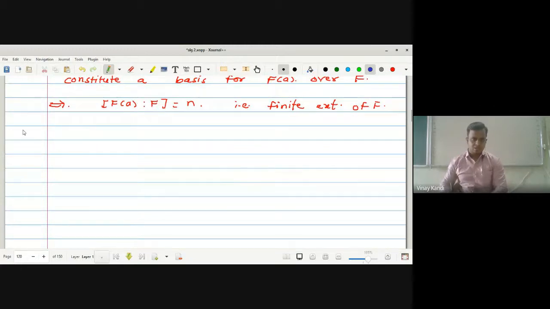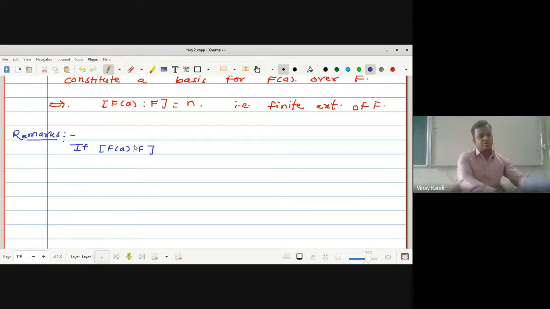Some remarks are there. What is the remark? The degree of F(a) over F, that is the dimension of the vector space F(a) over F, is equal to m.